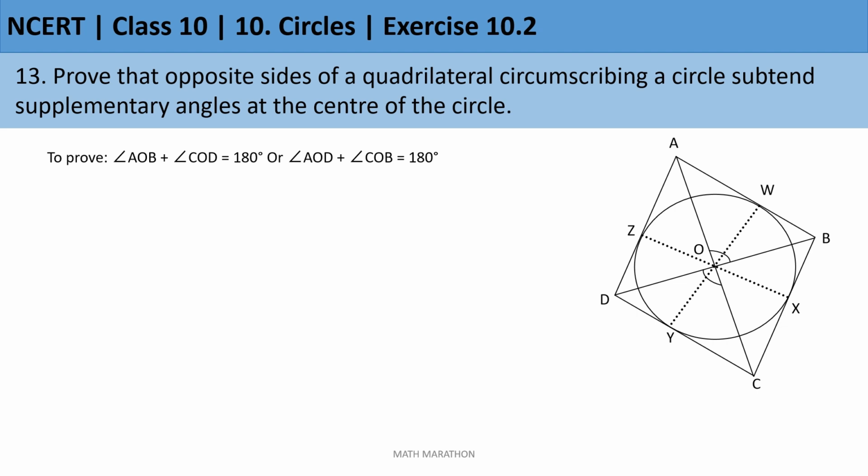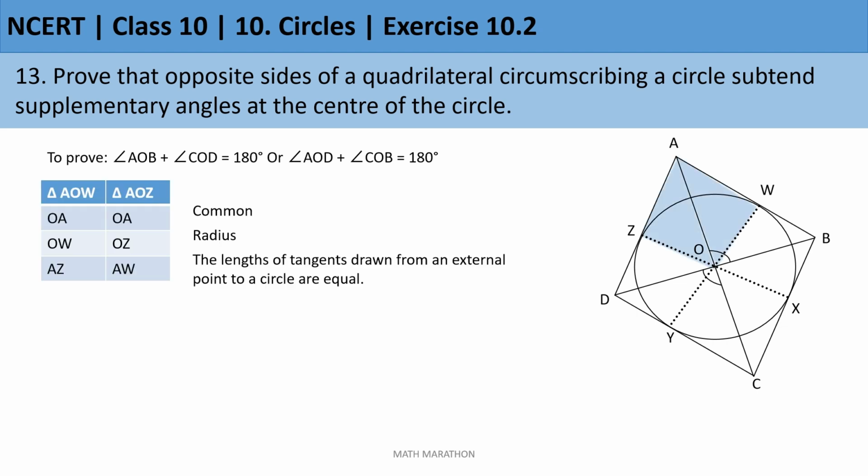Supplementary angles are those angles that sum up to 180 degrees. We need to prove angle AOB plus angle COD is equal to 180 degrees, or angle AOD plus angle COB is equal to 180 degrees.